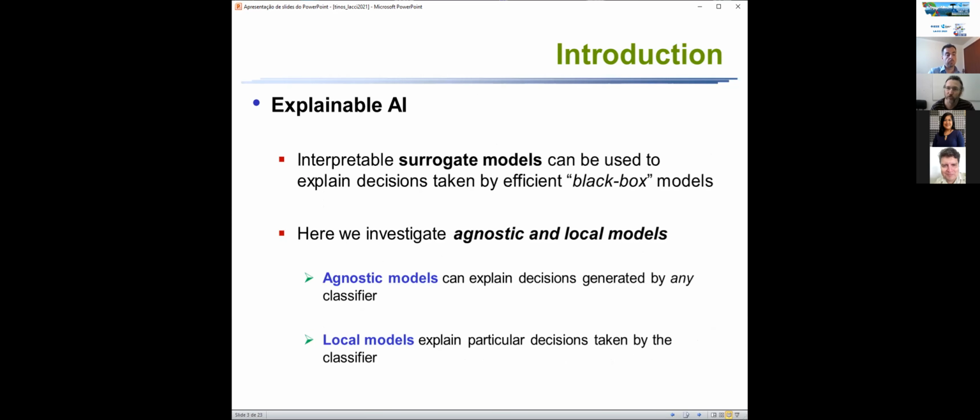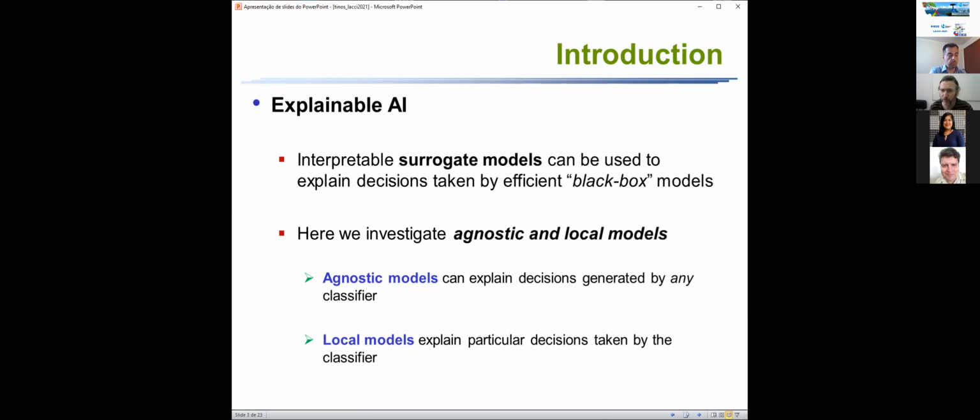One way to work with explainable artificial intelligence is to use surrogate models that are interpretable, and these models are used to explain decisions taken by black box models, for example, artificial neural networks.